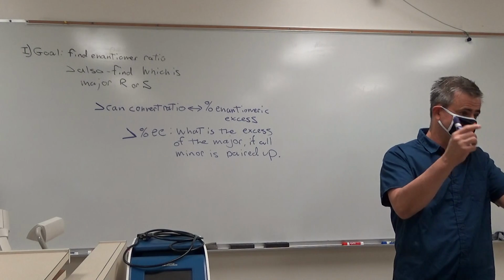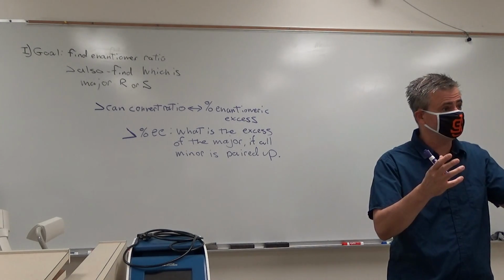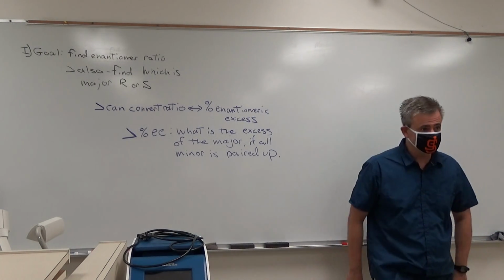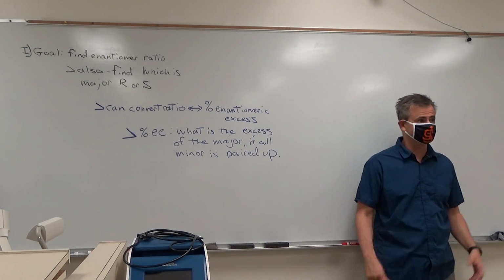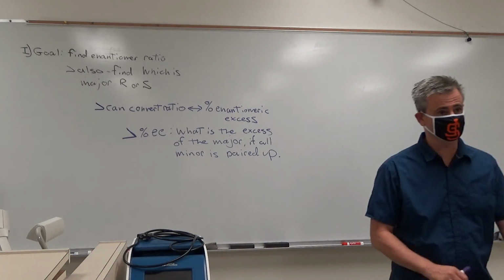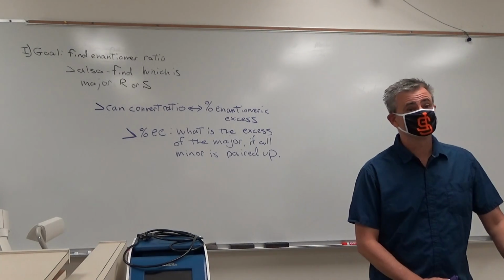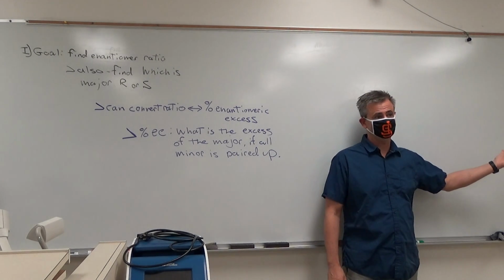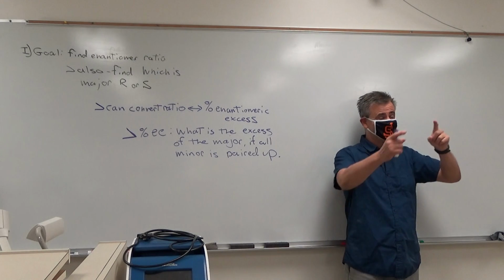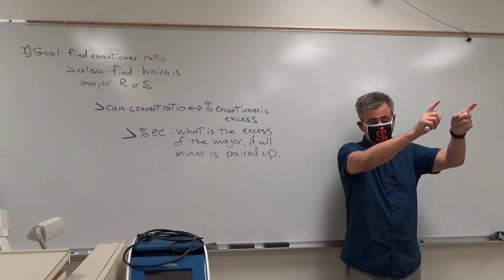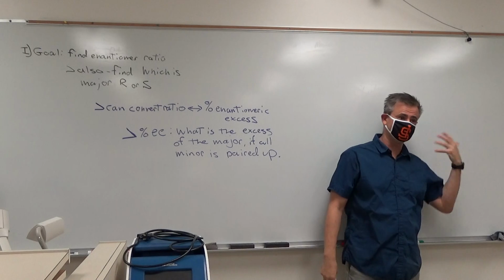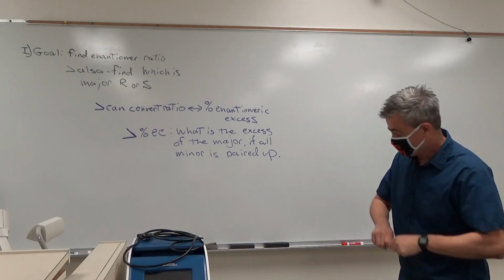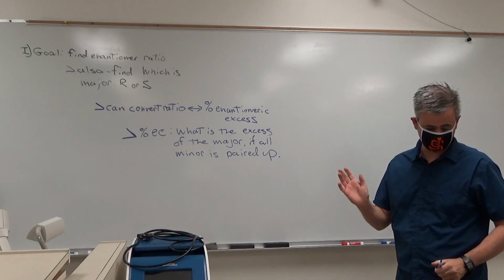Pretty much all the girls would get paired up and dance, and me and the other geeky kids would be lined up against the wall, wondering how that happens. So we were the percent excess of the major enantiomer. The two enantiomers are all paired up out there, and we're the percent excess. Does that make sense?